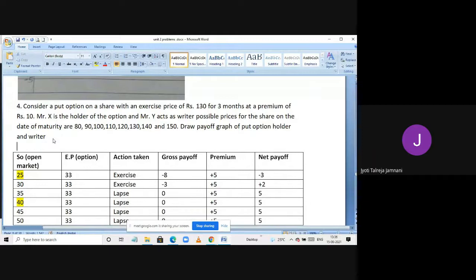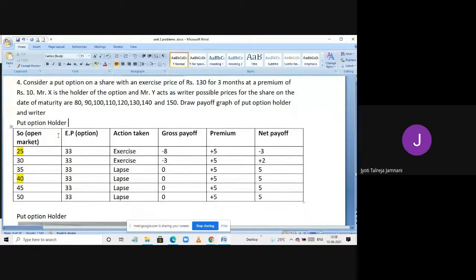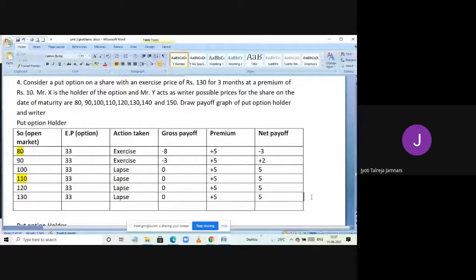Doing it for the put option holder. Copy the prices from 80 to 150. So 80, 90, 100, 110, 120, 130, 140 and 150.